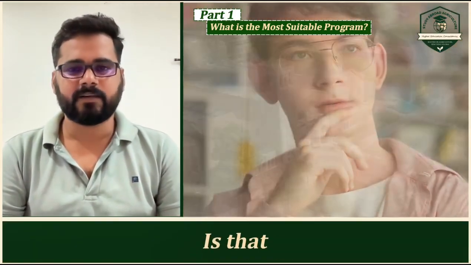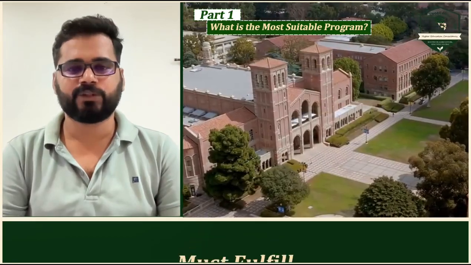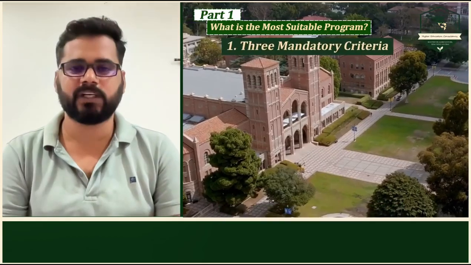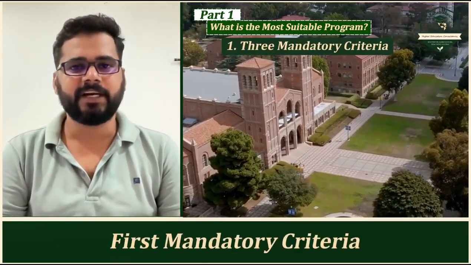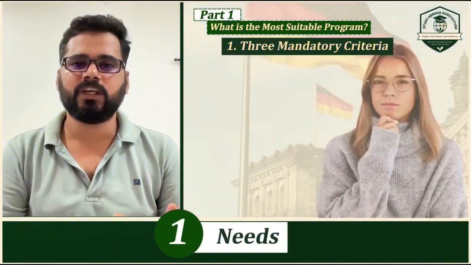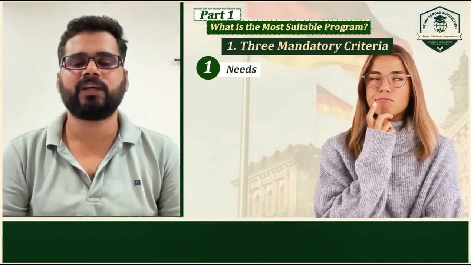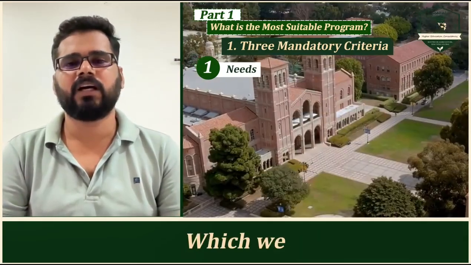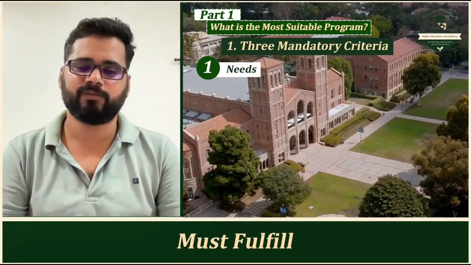The most suitable program must fulfill three criteria, and there is a fourth one which is optional. The first criterion, which is mandatory, is needs. We always have some mandatory criteria which we expect a program to fulfill.